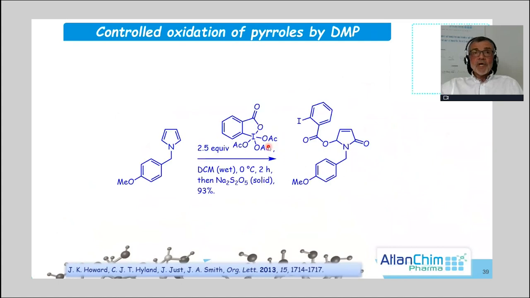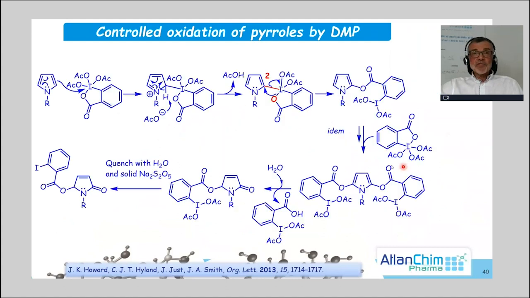However, as presented on this slide, slow addition of this N-substituted pyrrole to a solution of at least two equivalents of Dess-Martin's reagent in wet dichloromethane gives this 5-substituted pyrrolinone in excellent yield.